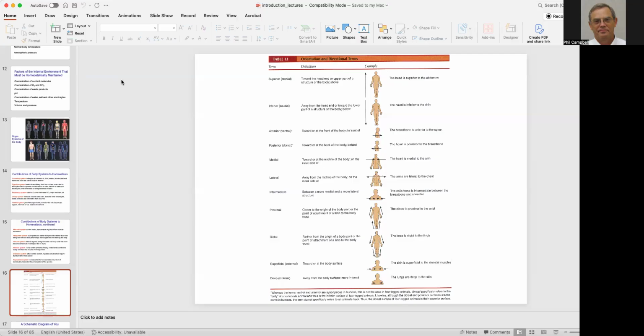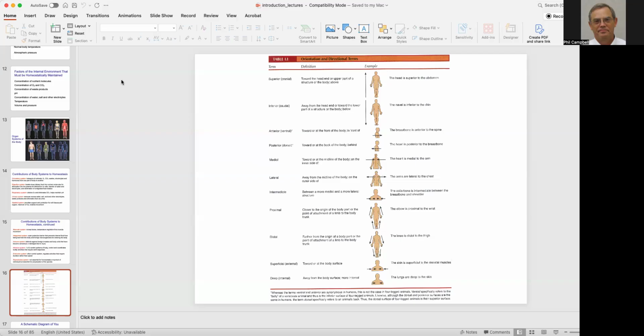Then if we go down here, proximal and distal, these are 2 critical terms. So let's take my humerus here. It will be important in a lot of places, and I will use this throughout the semester. If I want to talk about the part of the humerus furthest away from my main body, this is called the distal humerus.